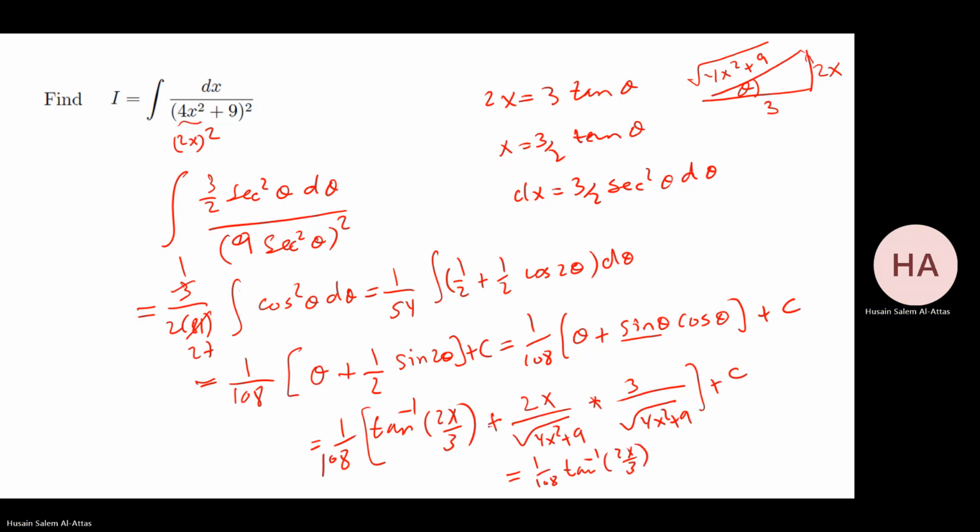Here I have what? Plus, yeah, 108/2 is 54, and 54/3 is what? 18. Plus 1/18 times x over 4x squared plus 9, plus c. It's calculation, you can double check it. Yeah, I think I will stop here.